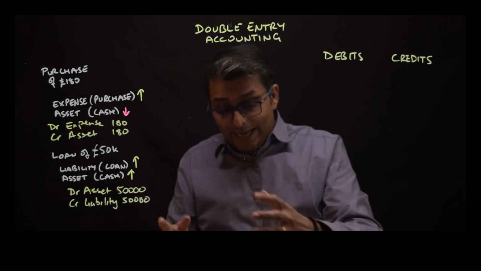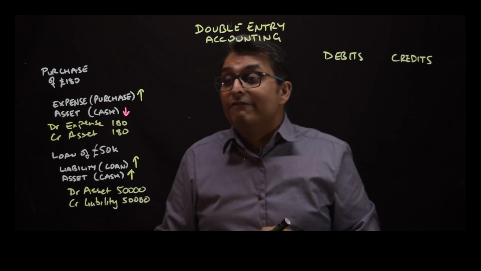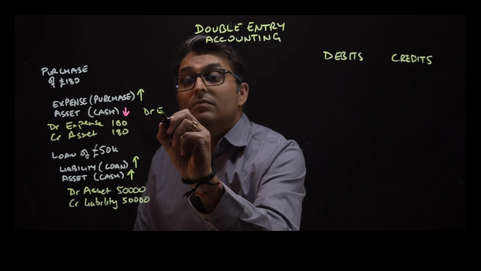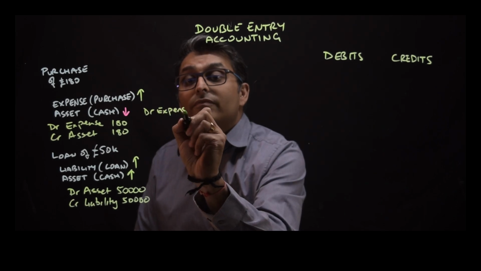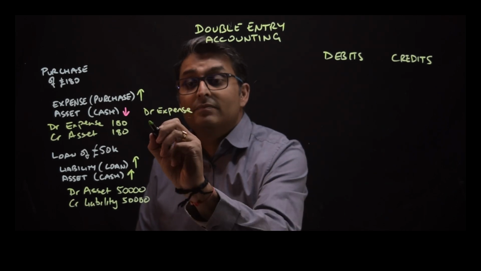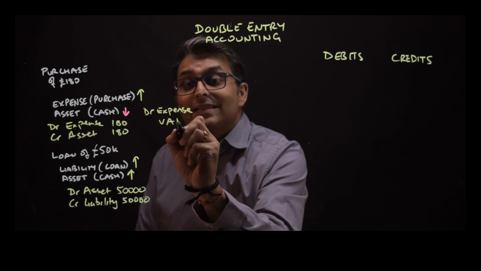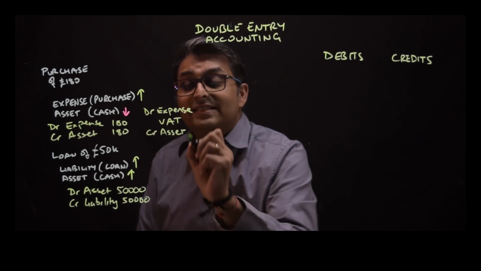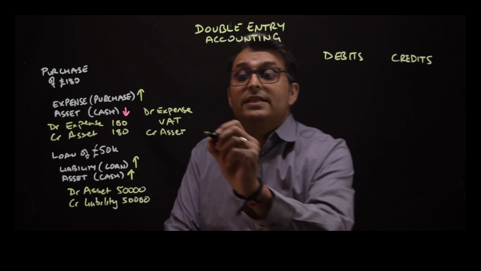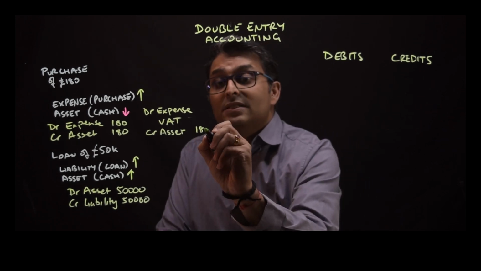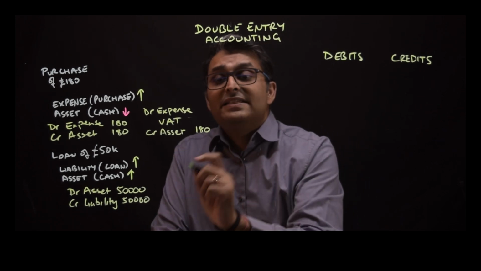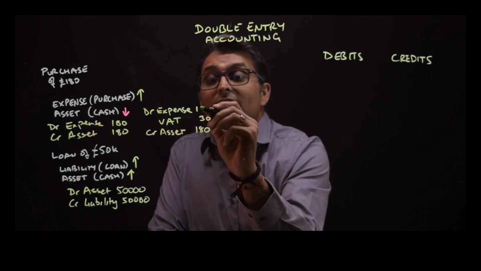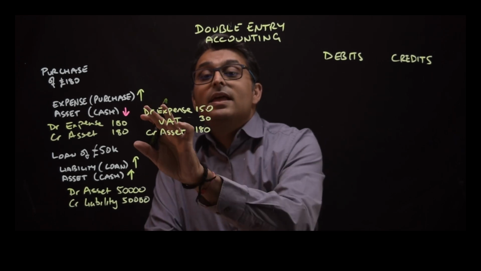So I need to account for it in the following way. So I've got debit of an expense, then I've got the VAT, and I've got the credit of the asset. So I'm paying £180, so that's staying the same. My VAT is 30, and so the purchase is 150.